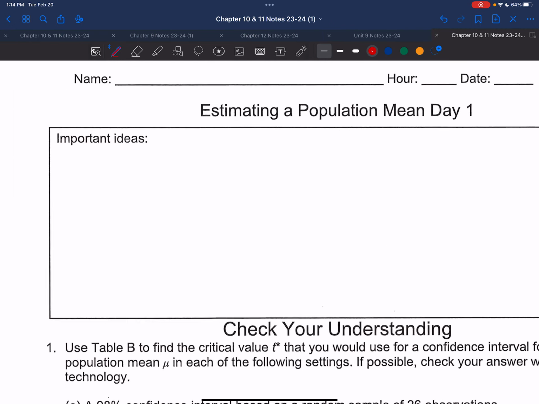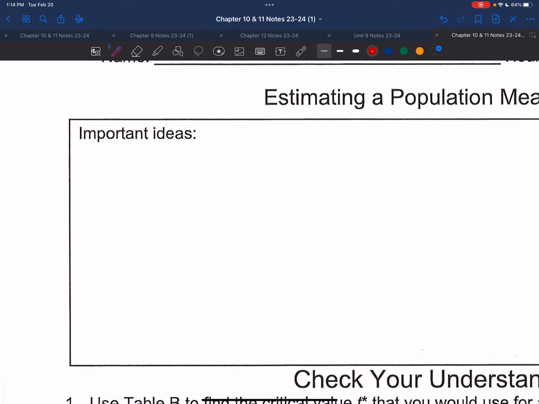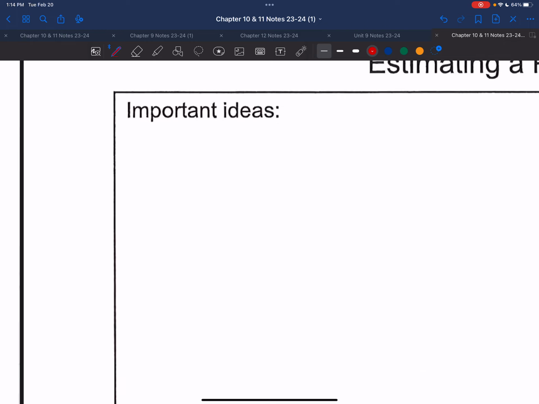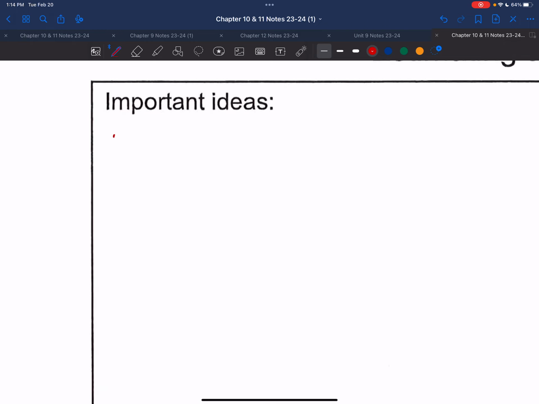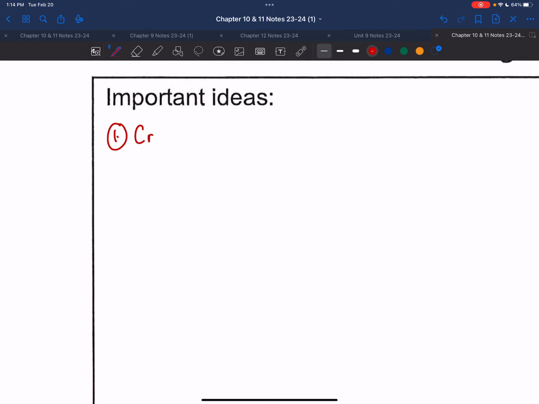All right. As a recap, these are bullet points number 1 and 2 on the front of your packet. Number 1 is critical values. So T-star: we use this for estimating means.